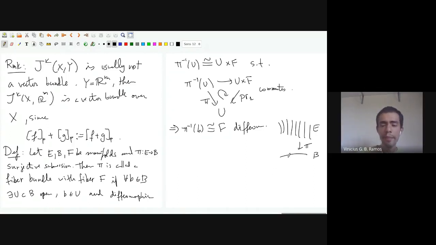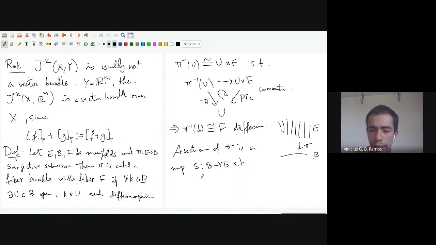And the point is that you can have sections of this. So a section of pi is a map s from B to E, such that pi composed with s is the identity on B.